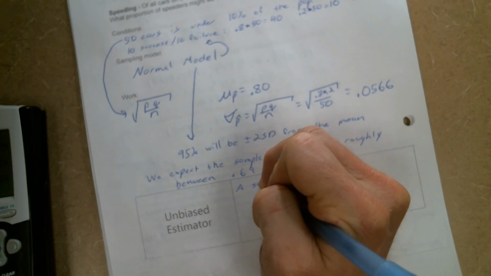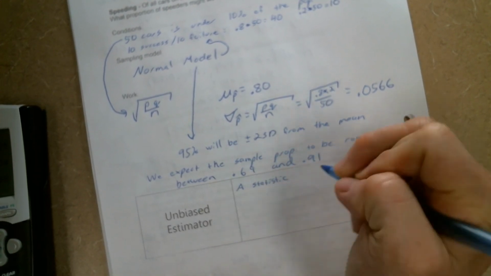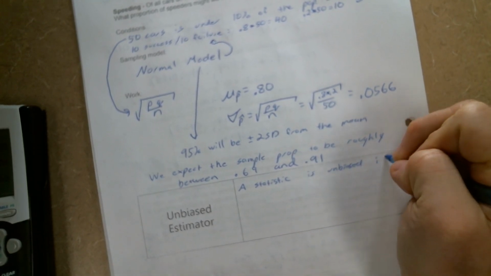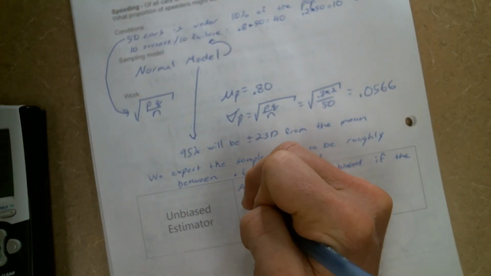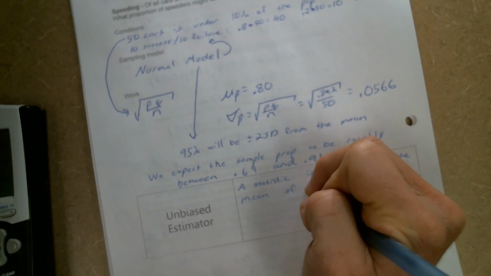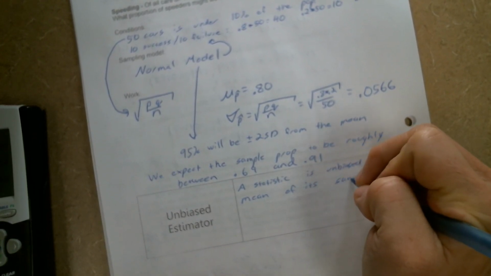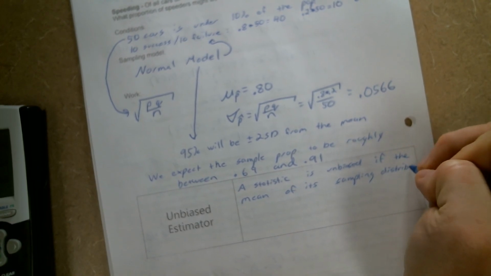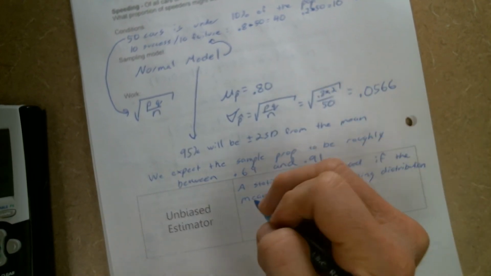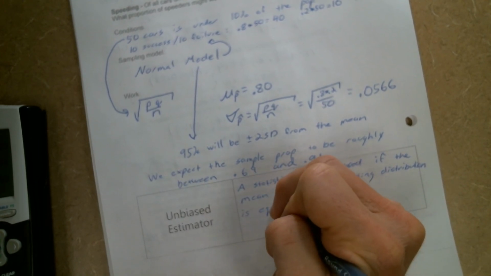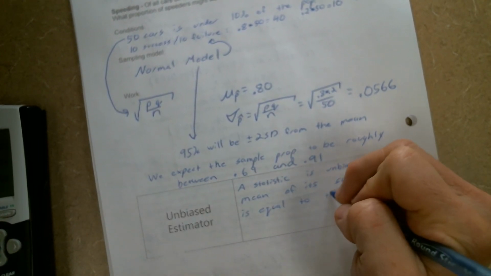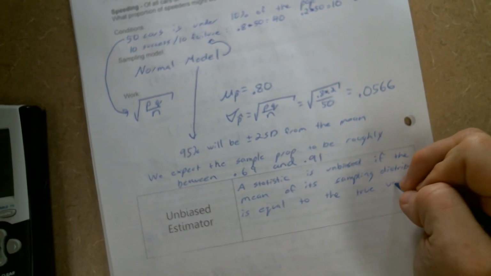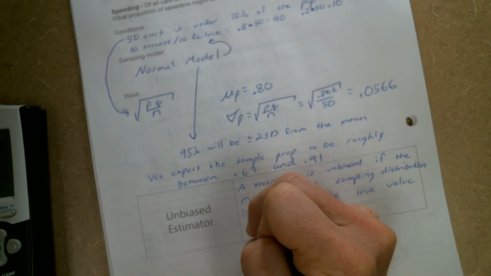A statistic is unbiased if the mean of its sampling distribution is equal to the true value of the parameter being estimated.